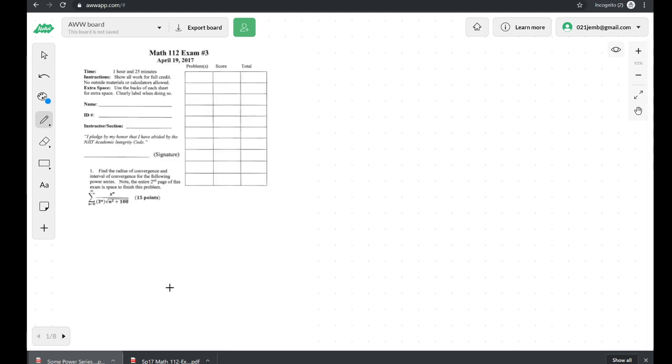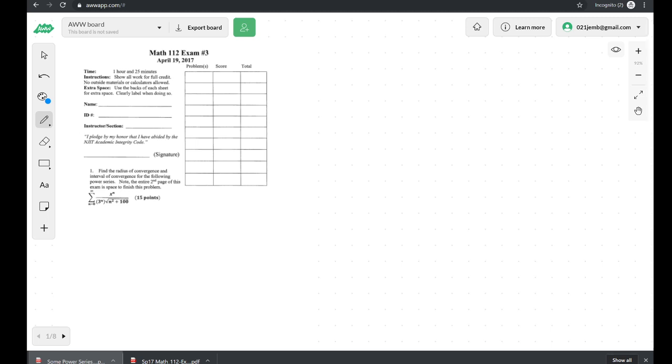Let's get started. This seems to be just a regular power series, and we want to test the convergence of the series. Usually, we would use either the root test or the ratio test, but that depends on how easy it is to evaluate the limit.